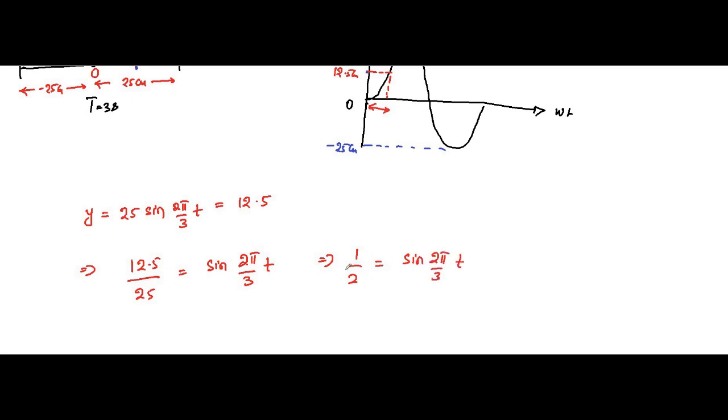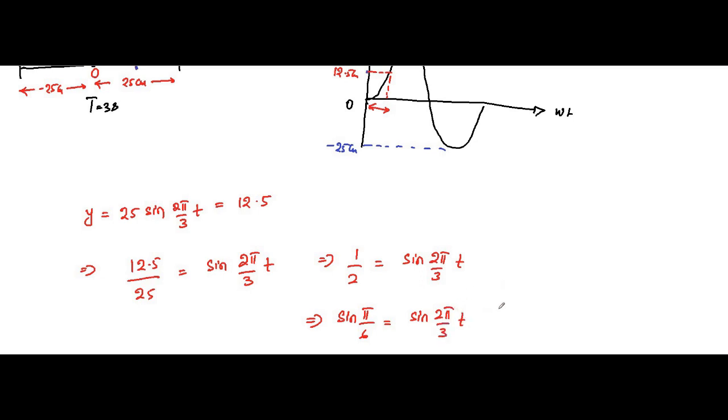Now in order to compare the LHS and RHS, we have to express 1 by 2 as a sine expression. We have to figure out the value for which sine is equal to 1 by 2. So it is sine 30 degree, which is sine pi by 6. Sine pi by 6 is equal to sine 2 pi by 3 into t.